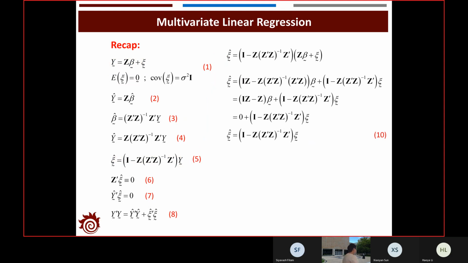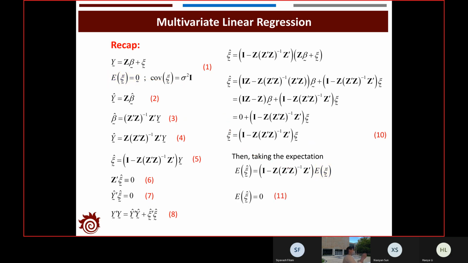First of all, we can do some simplifications, and with this simplification we get a very simple expression. Epsilon hat is 1 minus z times (z transpose z) inverse z transpose, times the epsilon. And then you take the expectation. Obviously, you can still find that the expected value of the epsilon hat is also 0.